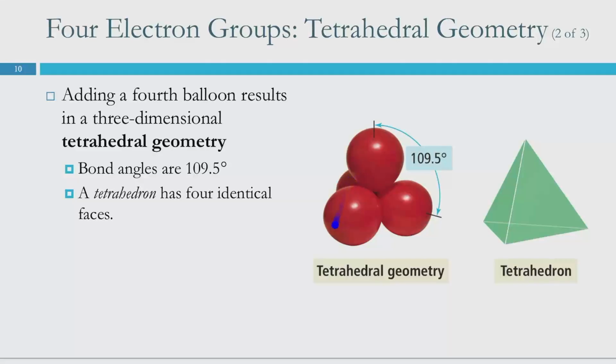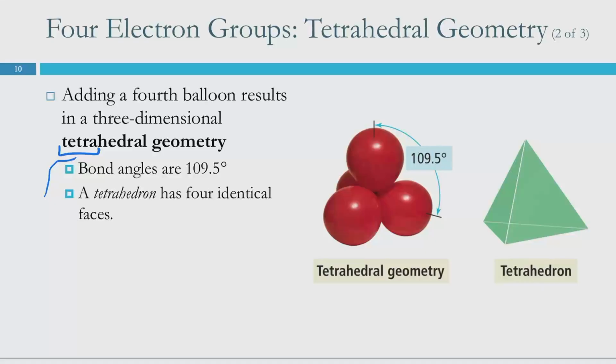And what this looks like with balloons is we've basically got 3 groups that are down and in corners of a triangle, and then we've got one up at the top, and we call this tetrahedral geometry. Tetrahedral means 4 faces.